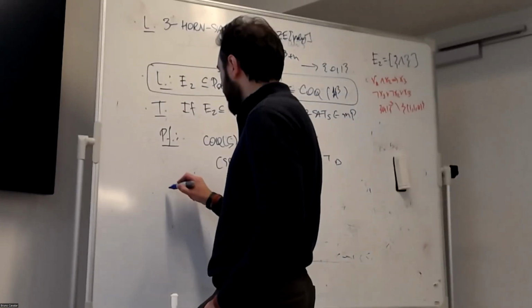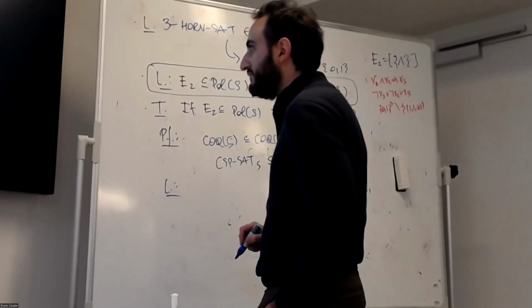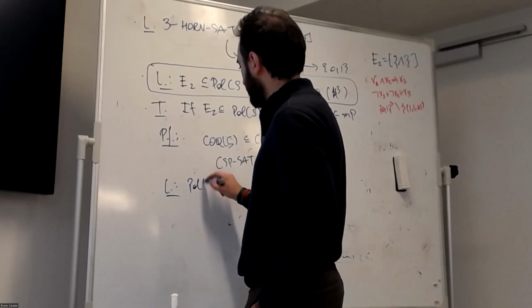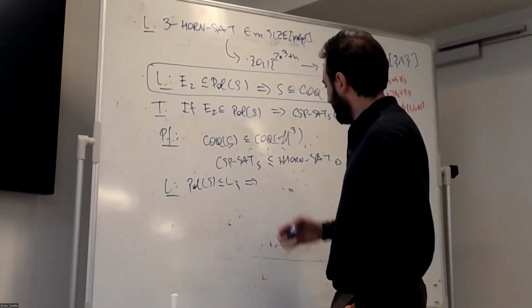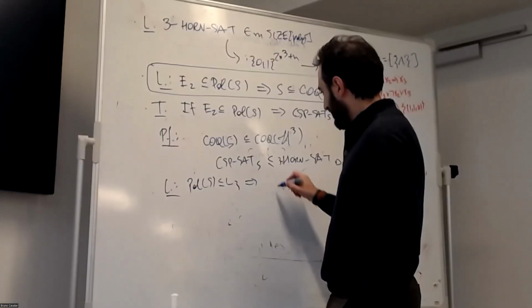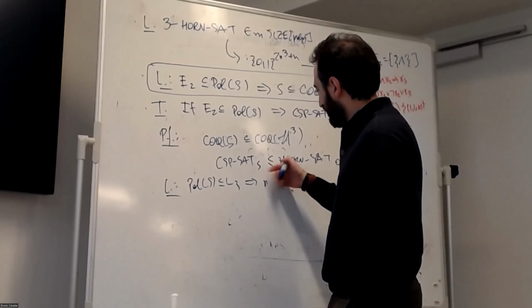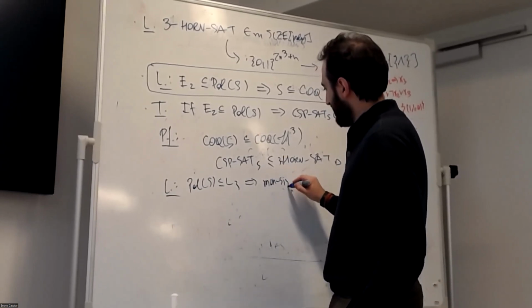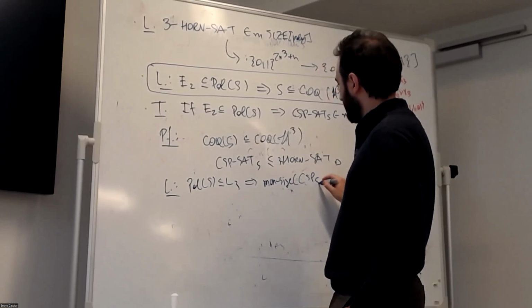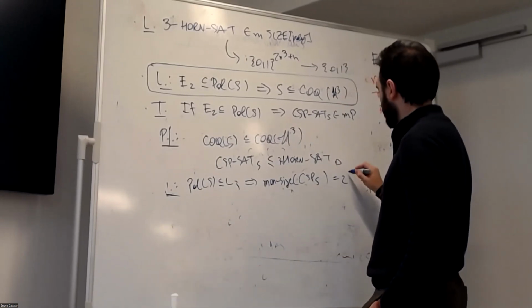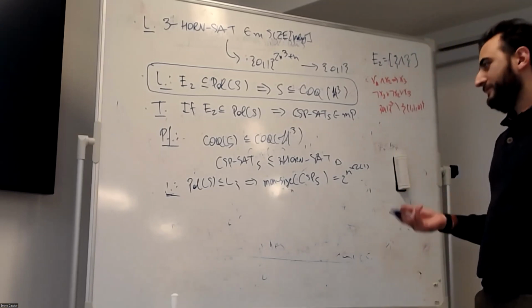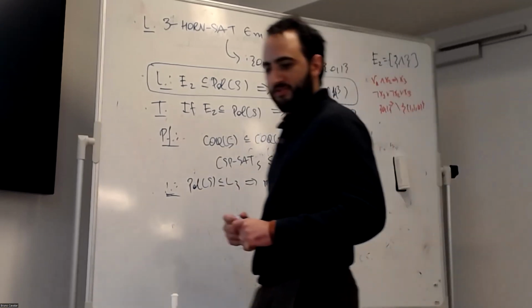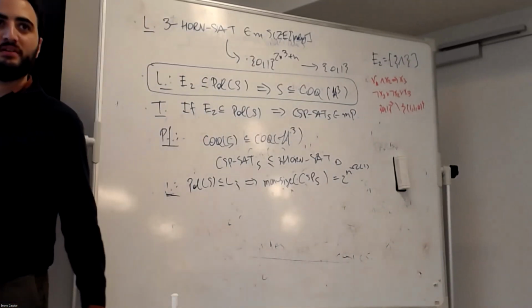Literally, what you want to say is, if the polymorphisms of S is below L3 there, then the monotone complexity, the monotone size of CSP S, is large. And yeah, you do a reduction from Trixor set. Now you look similarly as there.